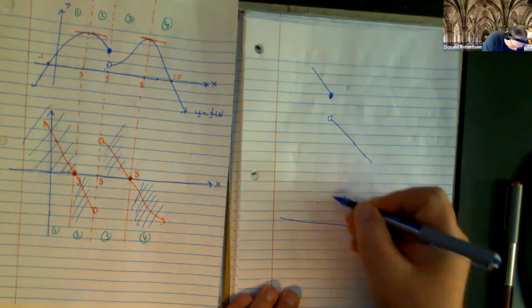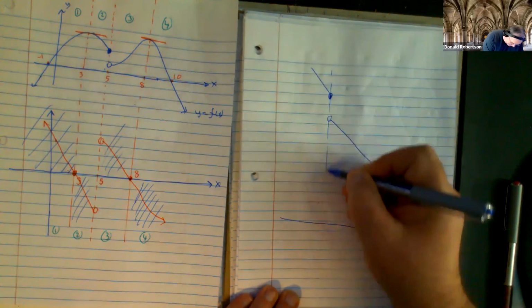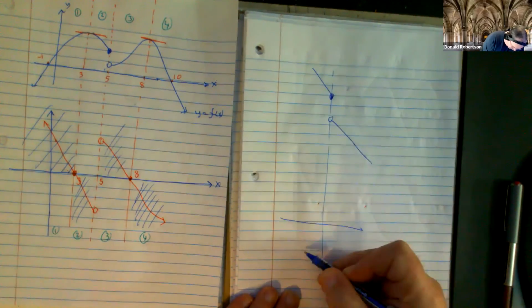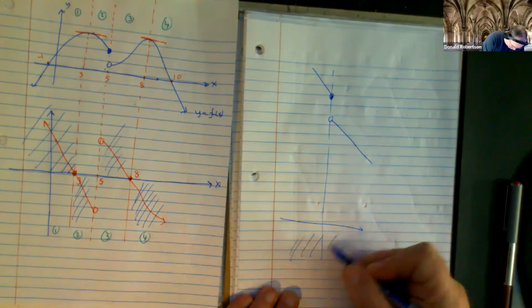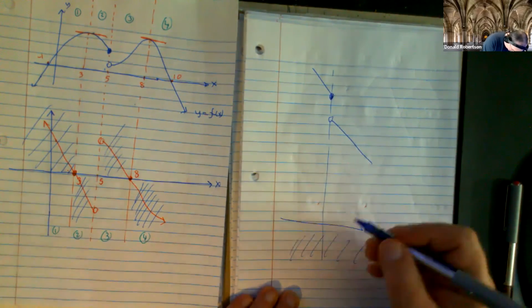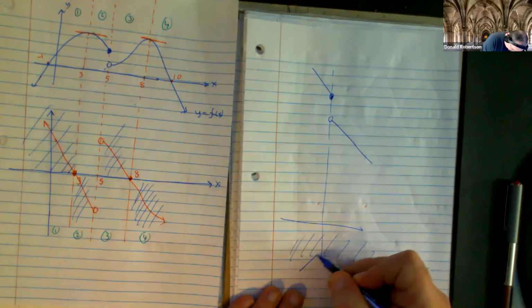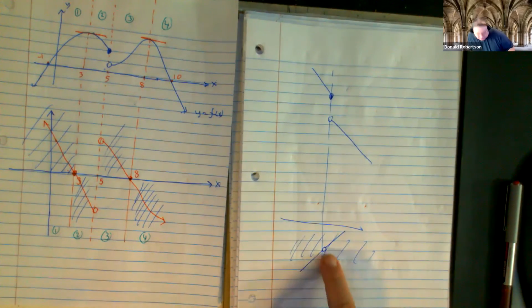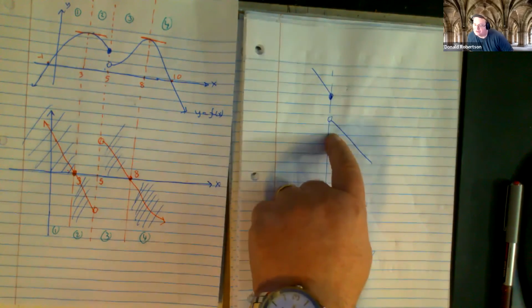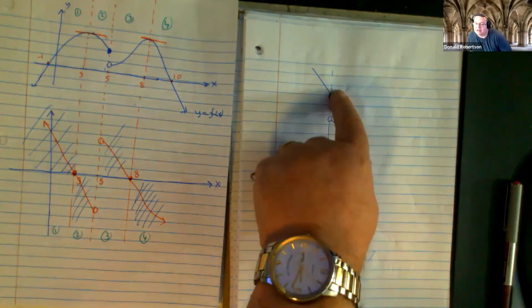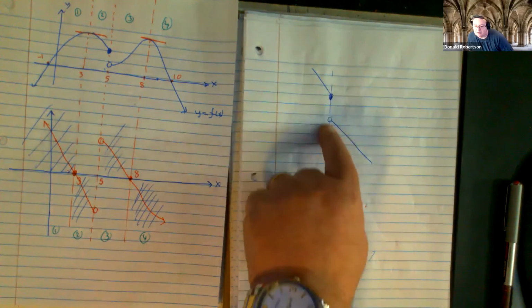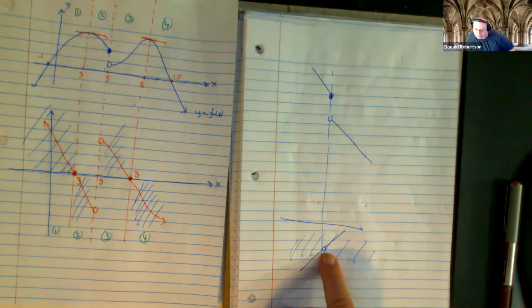If you were looking at what the derivative would look like at this point here, it would be negative because it's pointing downwards, so it would be down here somewhere. And it would actually have that shape. It would be a removable discontinuity because the derivative on either side was the same slope. It just doesn't have a derivative at that point, which we know it doesn't. And so you have a removable discontinuity.